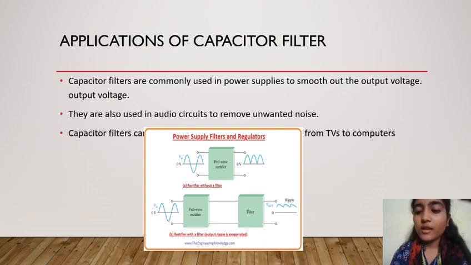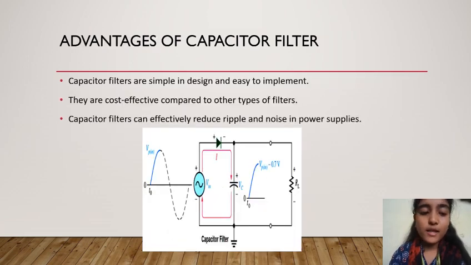So we can easily observe these capacitor filters in our day-to-day life. Capacitor filters can be found in various electronic devices from TVs to computers, which we use in our households regularly. So I have represented power supply filters and regulation images here. You can observe that.